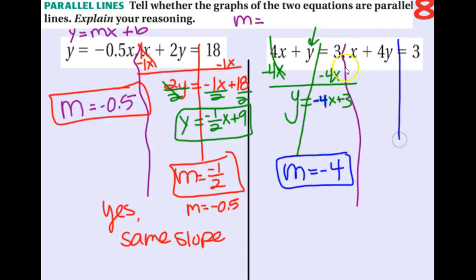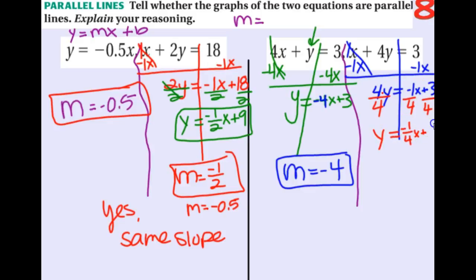This one, if I solve this one, I'm going to move this 1x over to the other side, subtract 1x. Just like the last one. We have 4y, write your x's first, -1x plus 3. And then to get rid of the 4, divide everything by 4. We have y equals -1 over 4x plus 3/4.